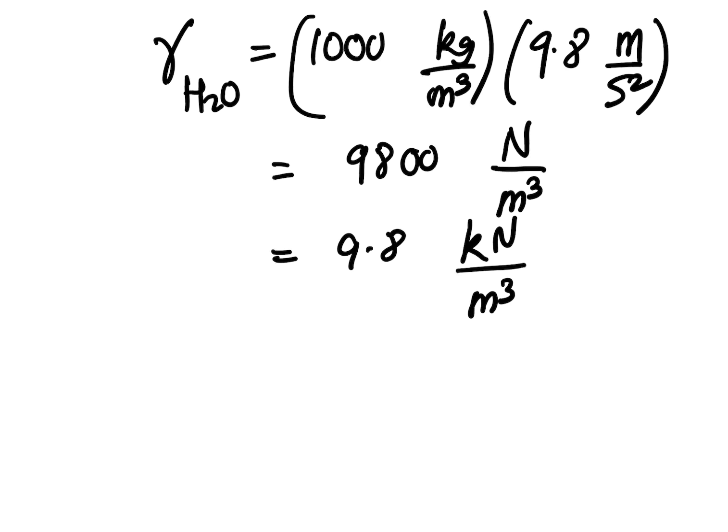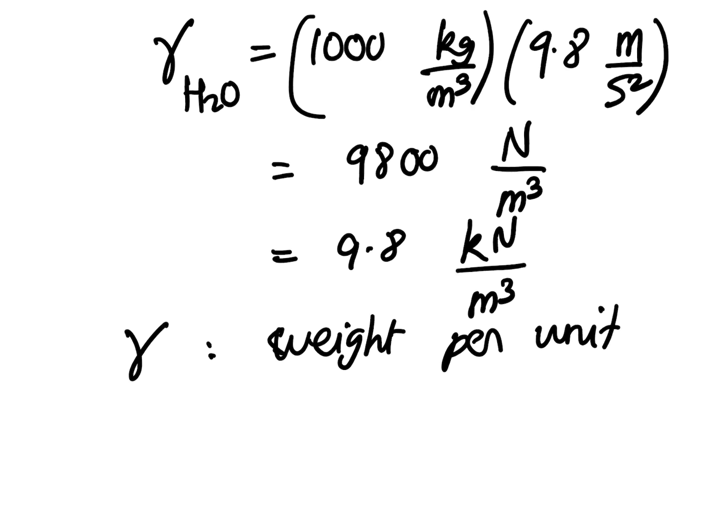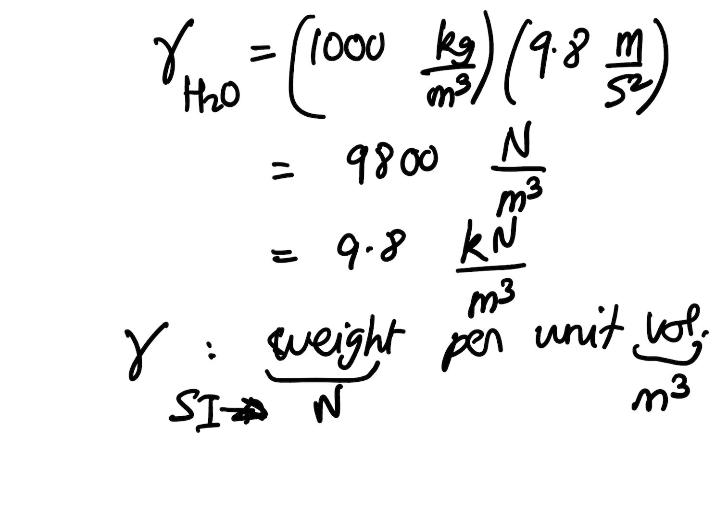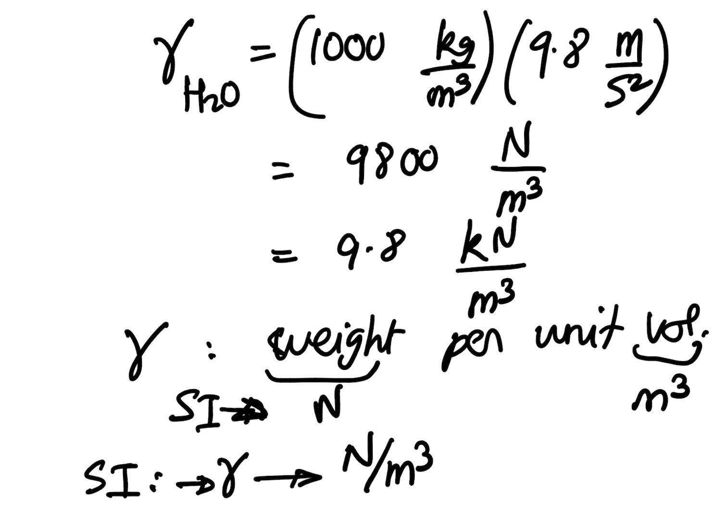The unit itself is written in a way to give you clues about the quantity you are dealing with. We told you that gamma is the weight per unit volume. So the unit of weight is Newton, the unit of volume is meter cube in SI. So Newton per meter cube becomes the natural unit for gamma in the SI system.